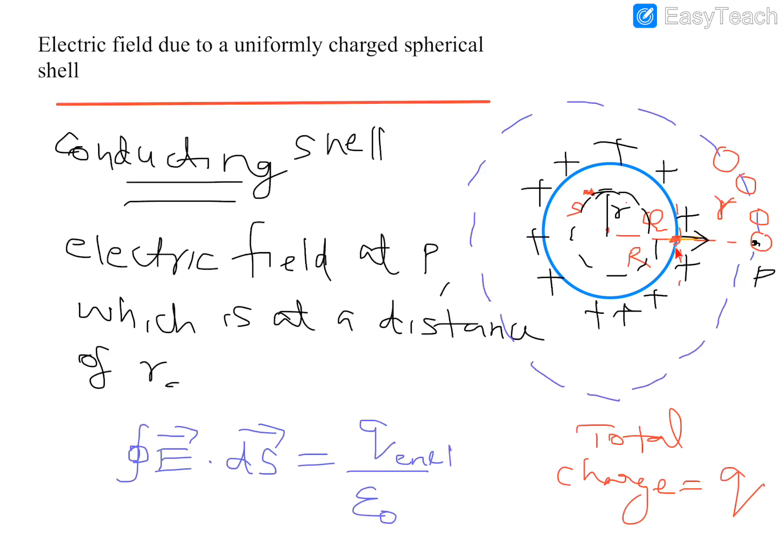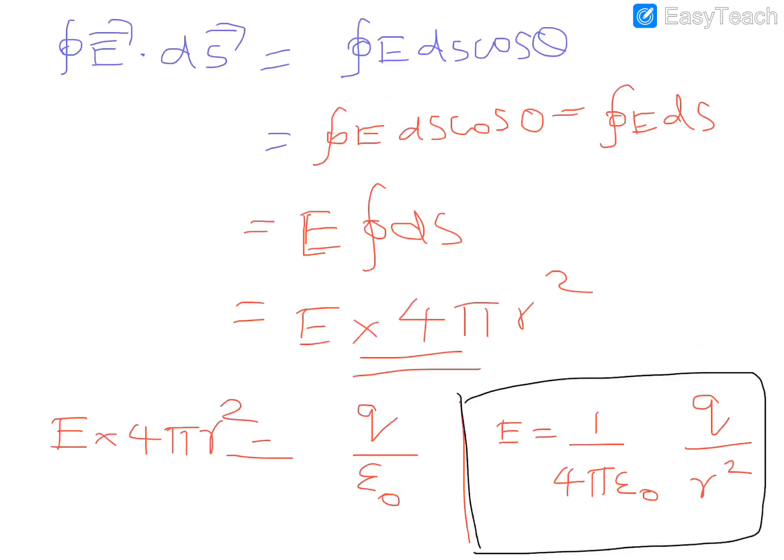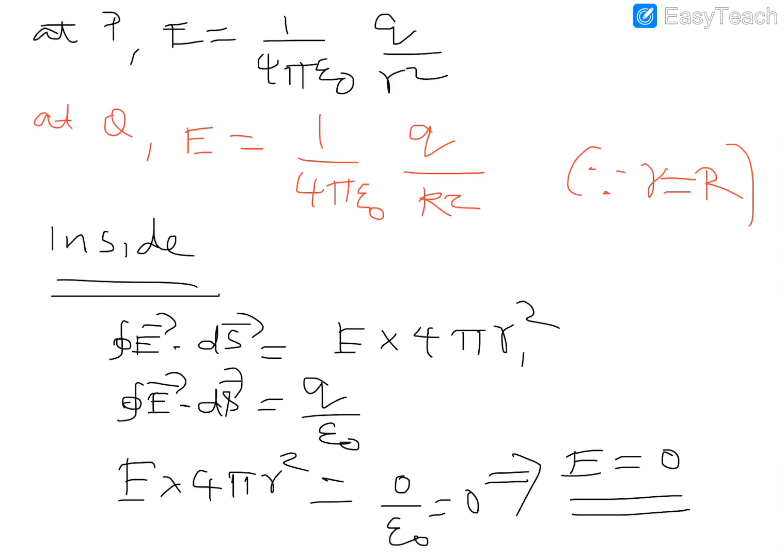When it reaches this point R, the Gaussian surface radius is the same as your shell radius, that is R. So when it is here, its distance small r becomes capital R, and after that it is again small r. If you have any confusion, you can take the inside one as R1, so that this will become 4 pi R1 square. Then the confusion will not be there.